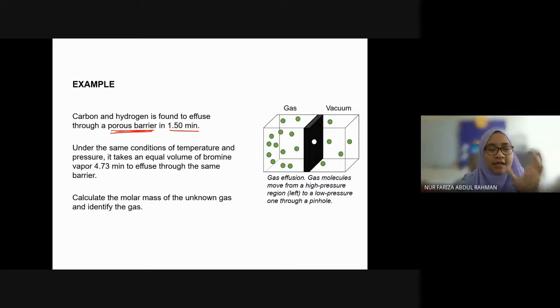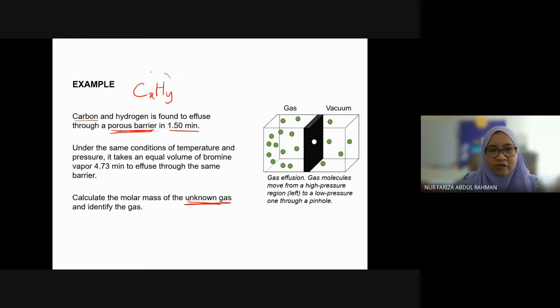It's an unknown gas; below here it says unknown gas, which represents this carbon and hydrogen. It's just that we do not know how many carbon and how many hydrogen are present in the molecule. So we can assign X for carbon and Y for the number of hydrogen. So this is the unknown.